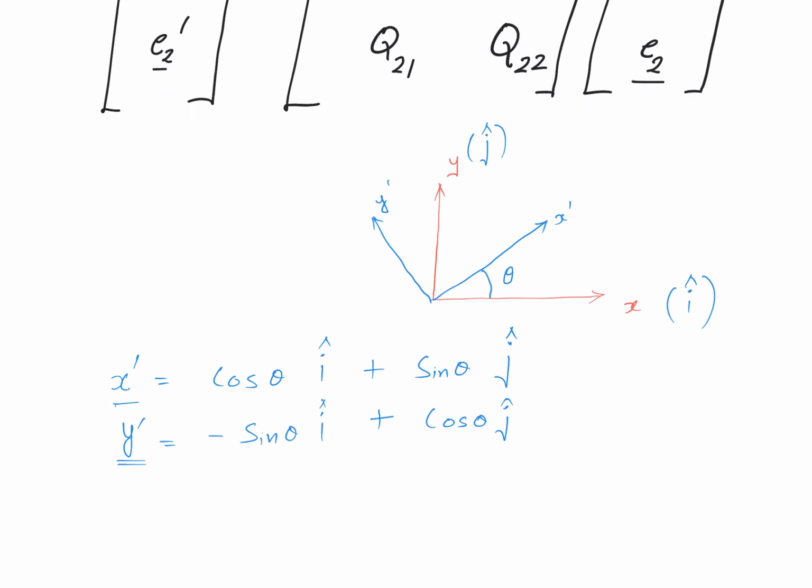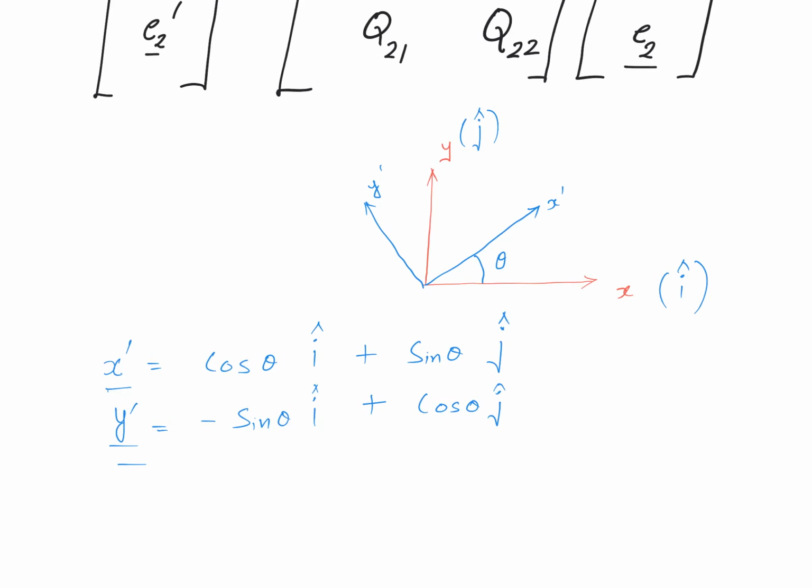Let me make it far easier for you this way. You know your x prime vector in this coordinate system is cos theta i cap plus sin theta j cap, isn't it? These are called the direction cosines. So when you consider a unit vector along this direction, it is the same as moving cos theta distance along the i cap direction, then moving sin theta distance in the j direction.